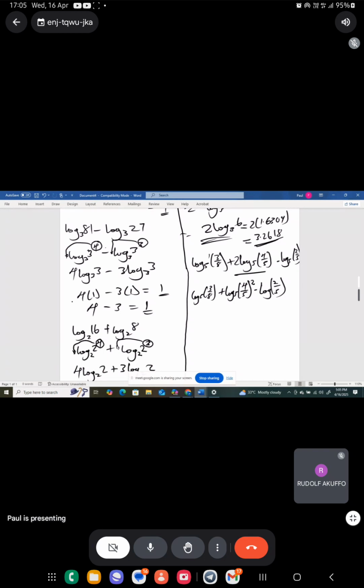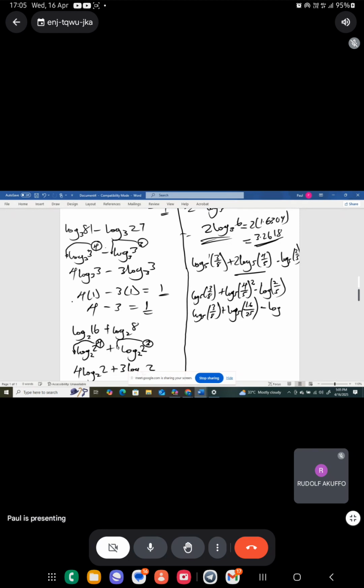Okay. Now, from here, 4 to the power 2 is 16, so we get log base 5 of 3 over 8 plus log base 5 of 16 over 25, minus log of 2 over 5. 4 to the power 2 is 16, 5 to the power 2 is 25.